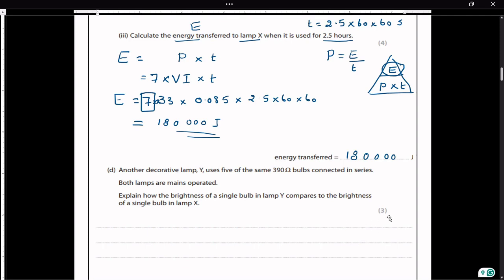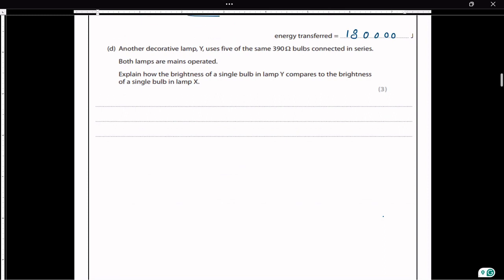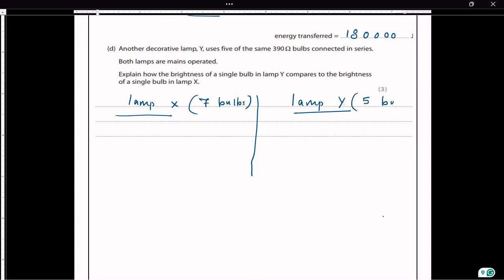So they are asking us to compare lamp X and Y. So let us write it as lamp X here, and here it is lamp Y. So lamp X contains 7 bulbs, whereas lamp Y contains only 5 bulbs.